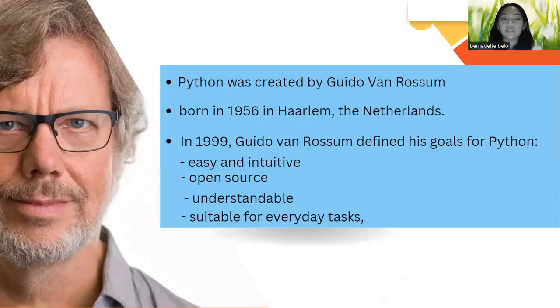In 1999, Guido van Rossum defined his goal for Python: an easy and intuitive language as powerful as those of the major competitors, open source so anyone can contribute to its development, and code that is understandable as plain English, also suitable for everyday tasks, allowing for short development times.